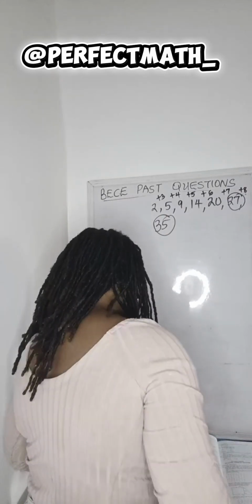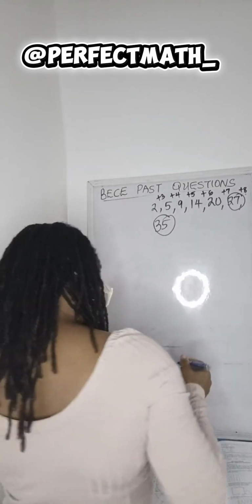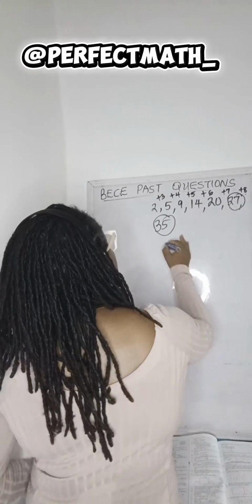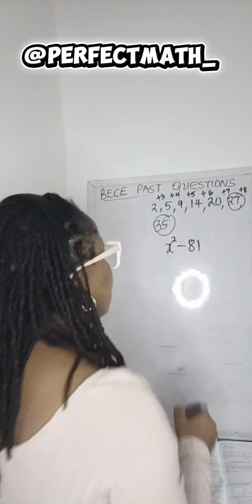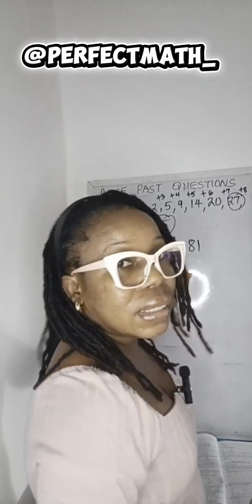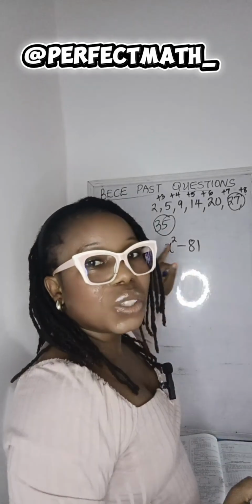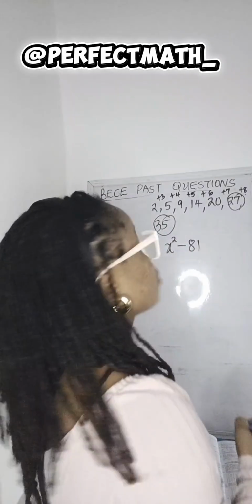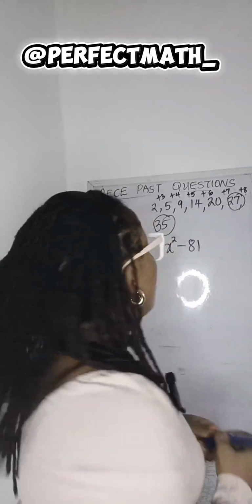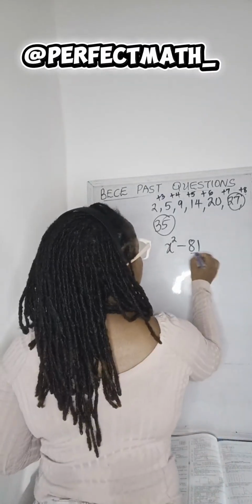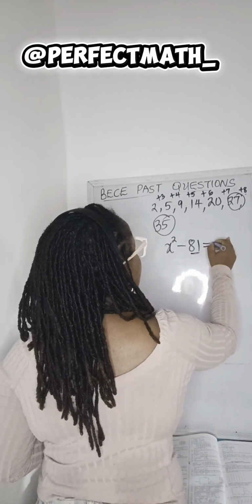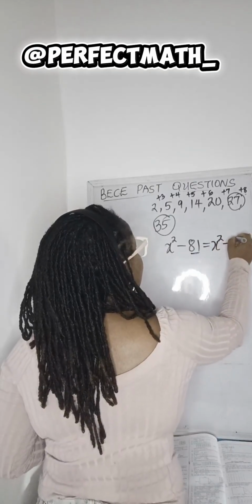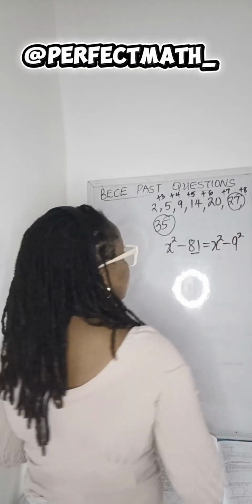Amazing. So then we have x squared minus 81. We're told to factorize this. This is a clear case of difference of two squares. For us to solve this, we need to put this in a squared form. So this can be written as x squared minus 9 squared.